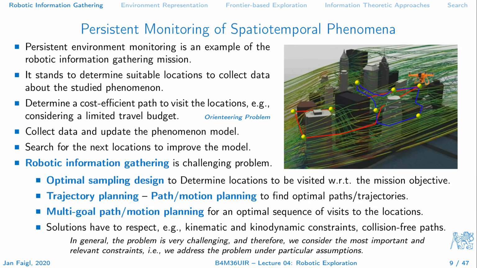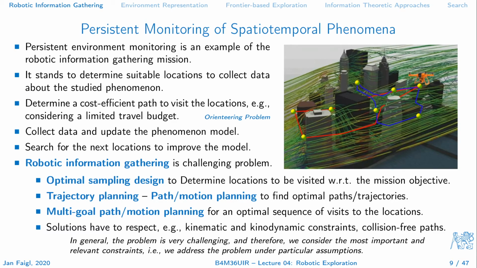A special case, let's say, of robotic information gathering is persistent monitoring, which is not a one-shot mission where you send the robot, you collect the data, and that's it. Persistent monitoring is usually related to the monitoring of spatio-temporal phenomena.